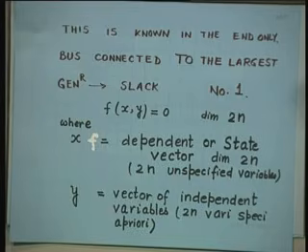Anyway, what is y? Y is always a vector of independent variables. Please understand, I am not using the word control variables, because independent is bigger than control. Control is a subset of independent variables. Why? You need not control anybody and everybody. Suppose there is a class and you know which two students are naughty.